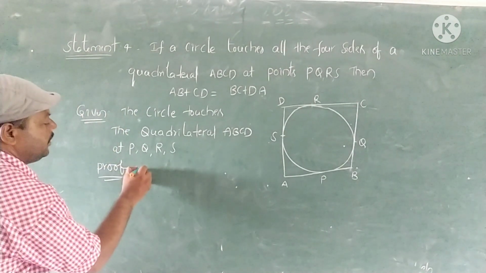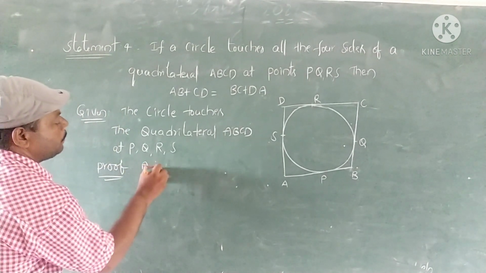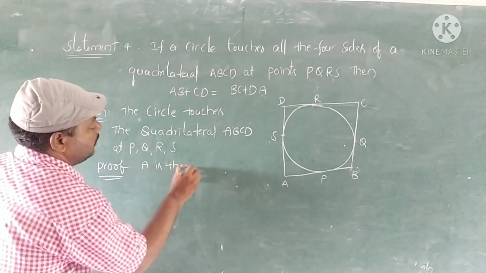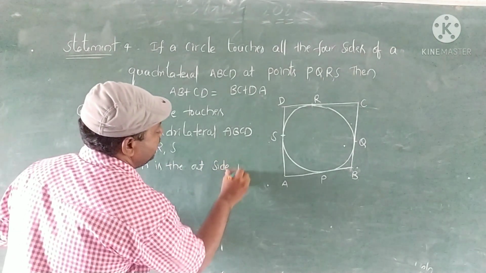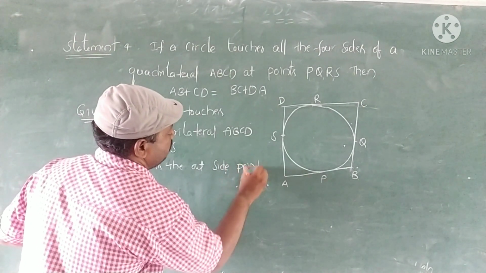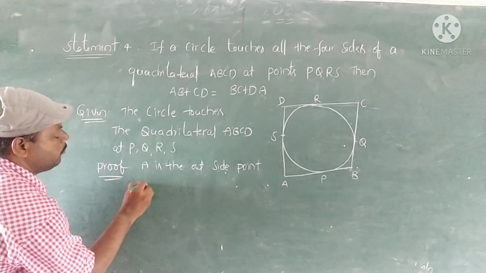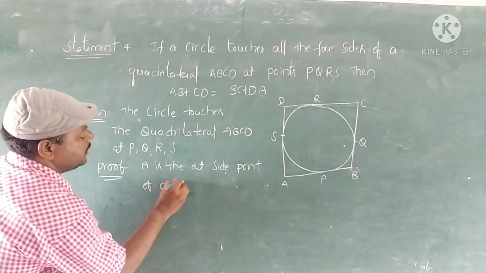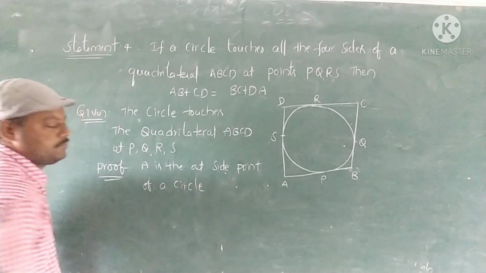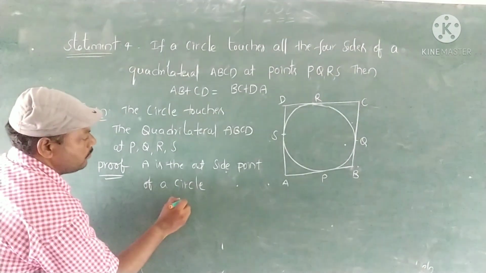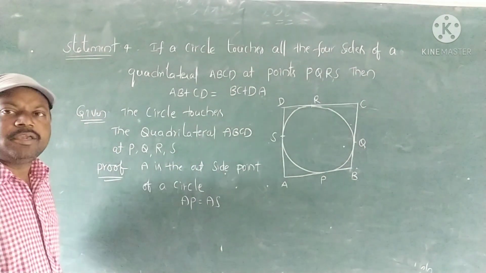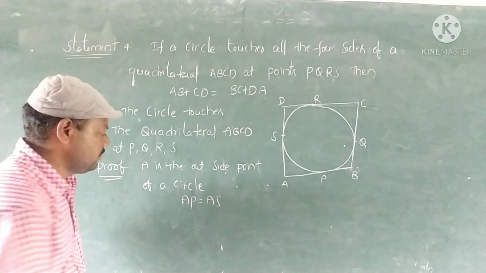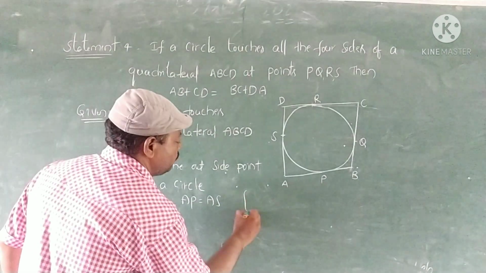So A is the outside point of a circle. Therefore AB equals AS. Since what is the reason?